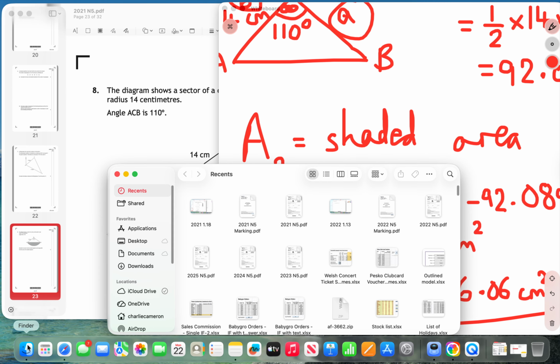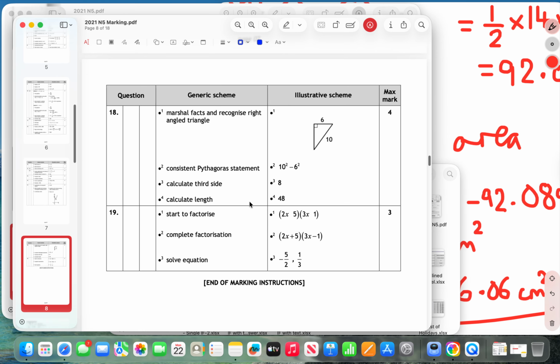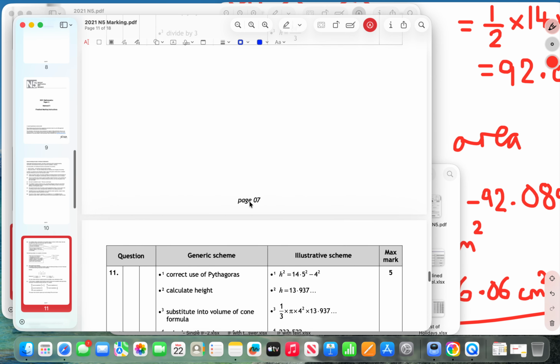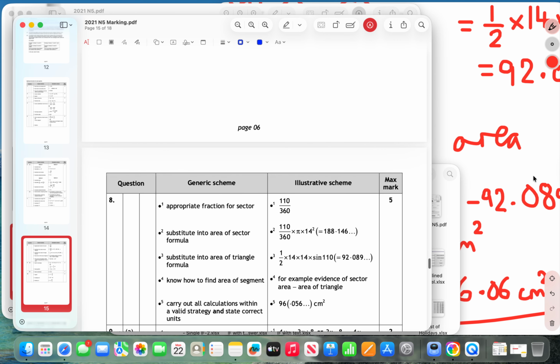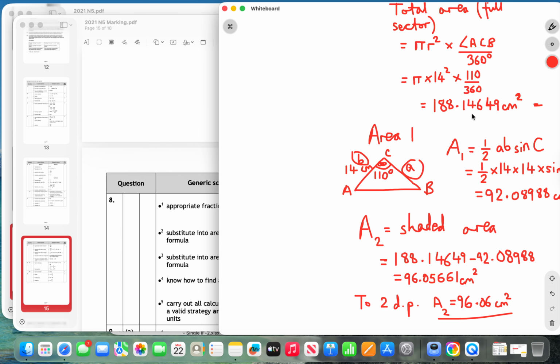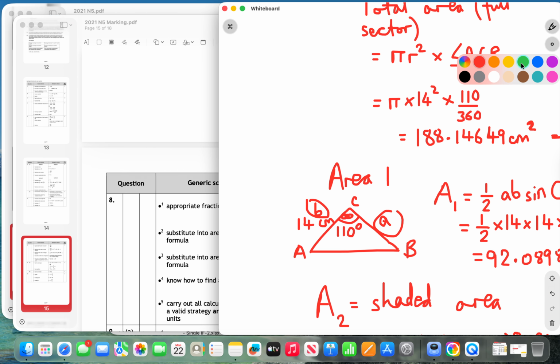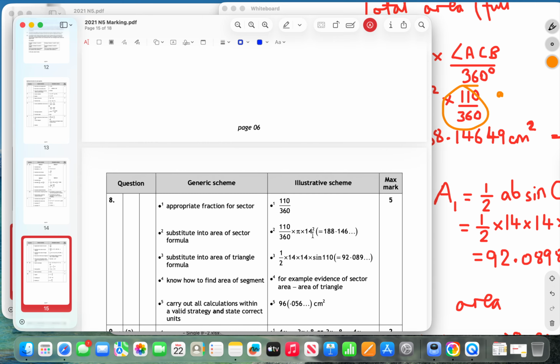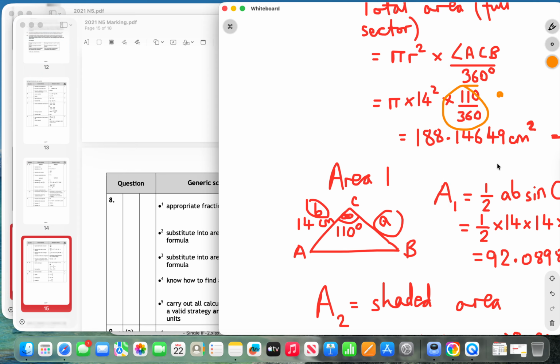Now let's have a look at the marking for the entire question. You would get 1 mark for the fraction of the sector. You get the next mark for the substitution. You don't need to get the area of the sector.